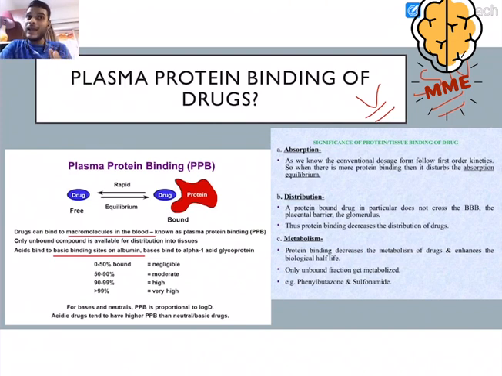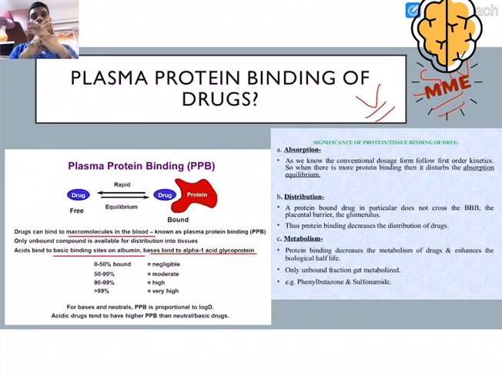Whereas if my drug is a basic drug, it will bind to alpha 1 acid glycoprotein. So my drug comes, it may be acidic or basic, and it binds with my plasma protein, which may be either albumin, as in case of acidic drugs, or alpha 1 acid glycoprotein if it is basic.